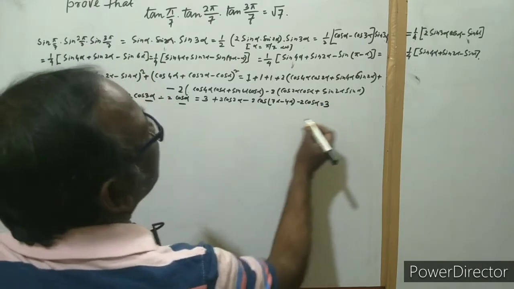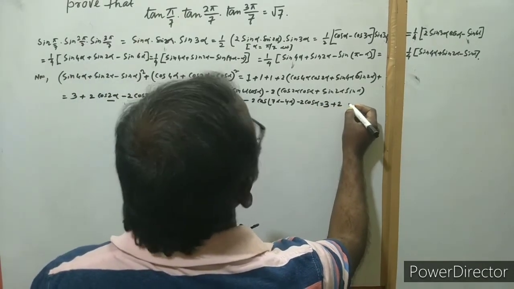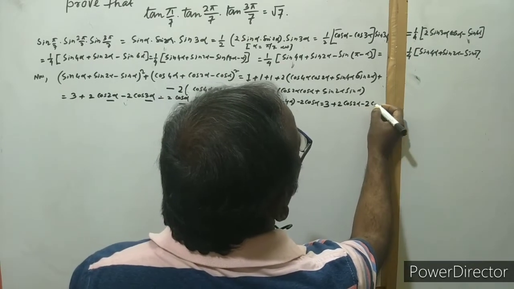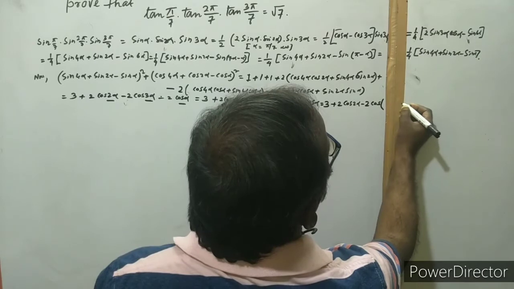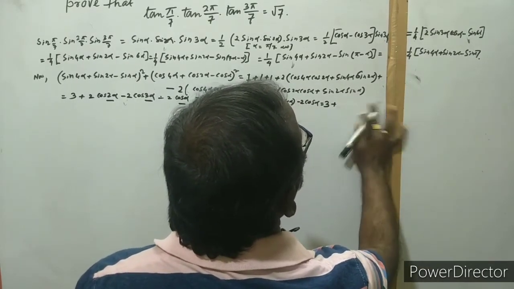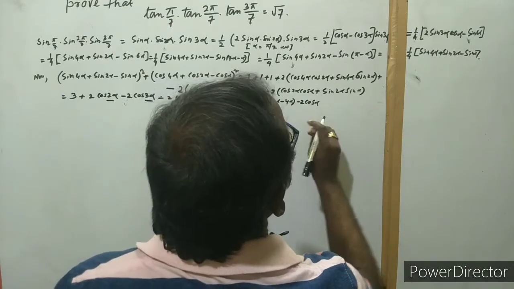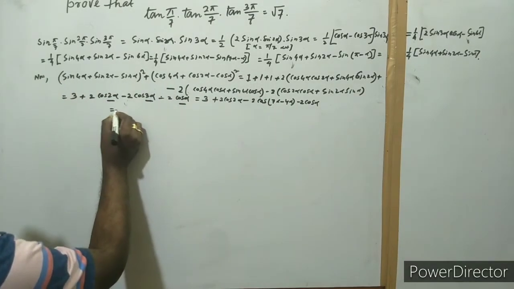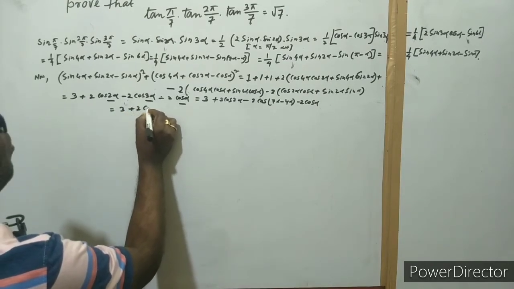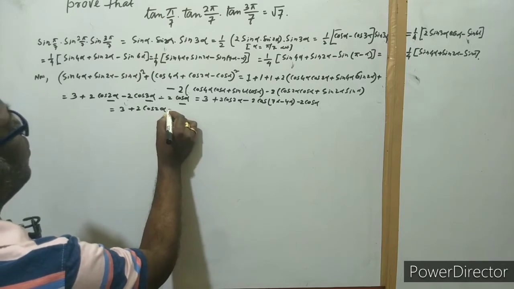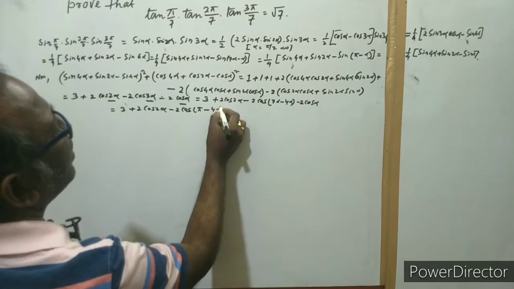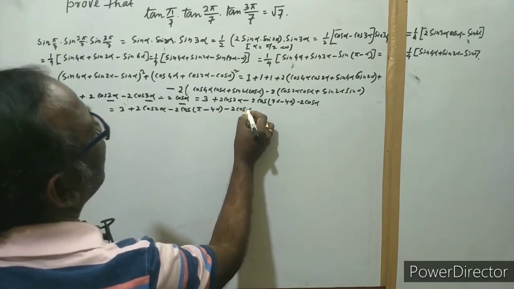This is 3 plus 2 into cos 2 alpha minus 2 into cos, this is pi minus 4 alpha, and this is cos alpha.